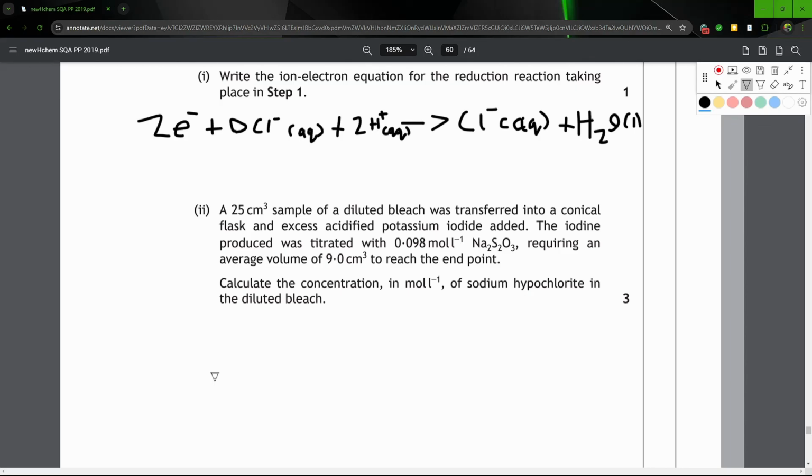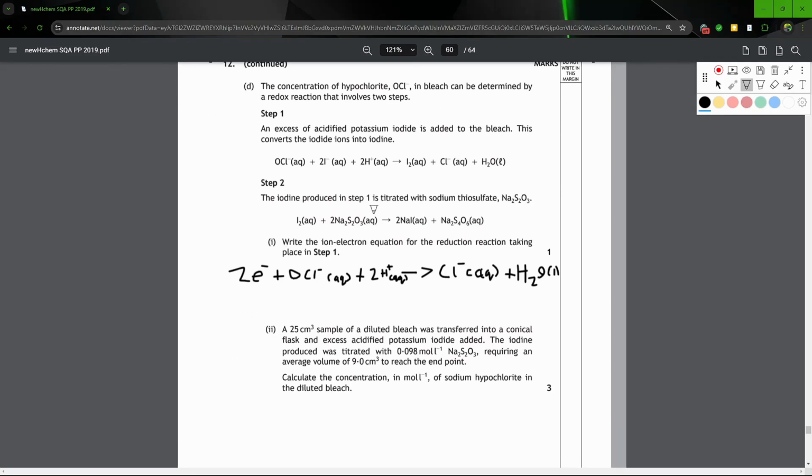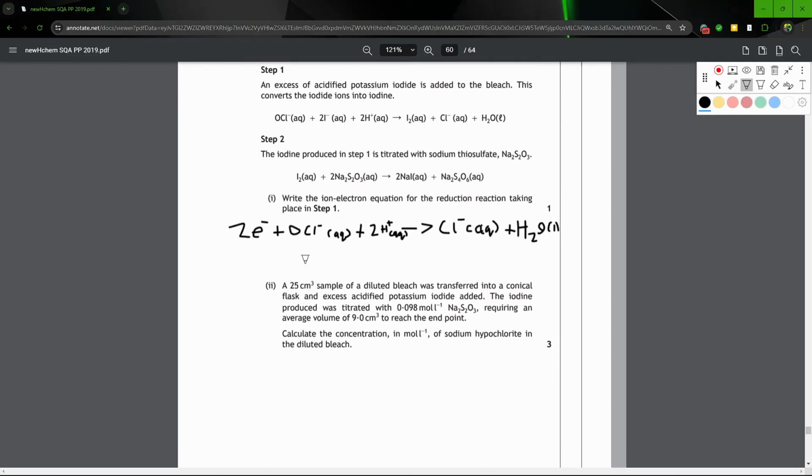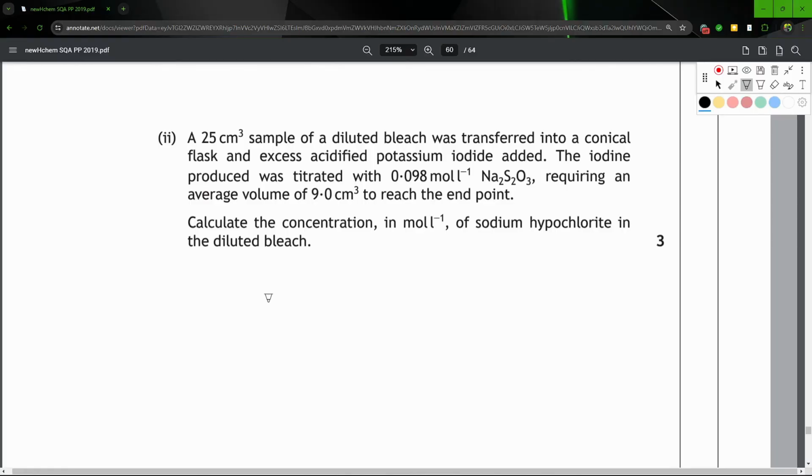Righty, we're going to have to do some maths here. I know, crazy. So, how are we going to go and start this? It was titrated with sodium thiosulfate, so we can work out how many moles of it reacted at the endpoint. So remember, n equals cV: n is moles, c is concentration, V is volume.